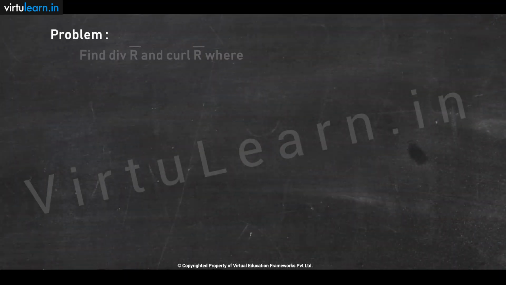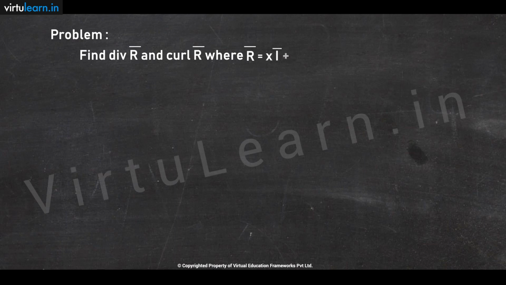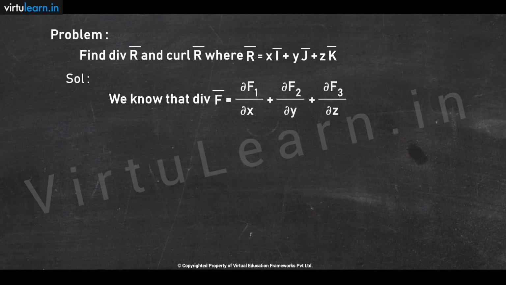Another problem: find divergence of R bar and curl of R bar, where R bar is equal to xi bar plus yj bar plus zk bar. We know that divergence of any vector function is dou by dou x of the first component plus dou by dou y of the second component plus dou by dou z of the third component.